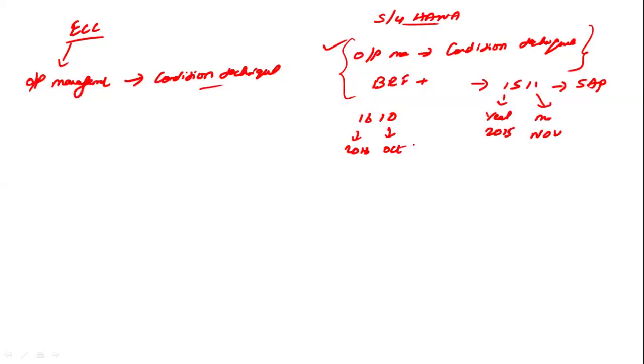They are going to make it obsolete. For some objects they kept it open, but for a lot of objects they closed it. This BRF plus came into the picture because they introduced a concept called Fiori, which we saw yesterday.